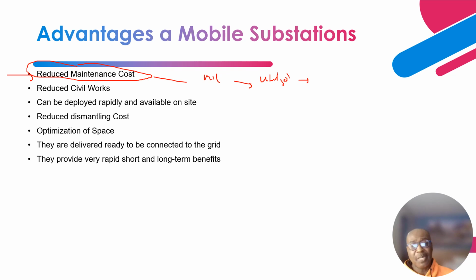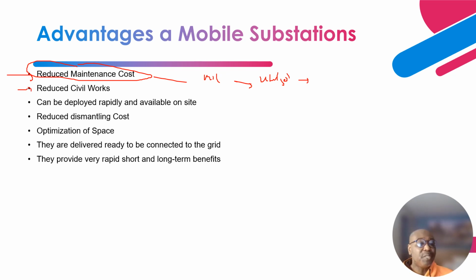So you end up reducing the maintenance cost. Then also, if you have planned maintenance on substation equipment, let's say a mobile transformer, once you are able to integrate that, you end up being able to reduce the turnaround of maintenance.